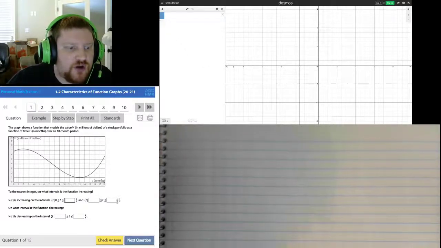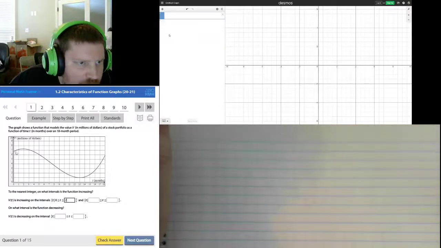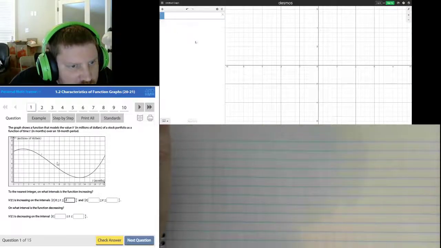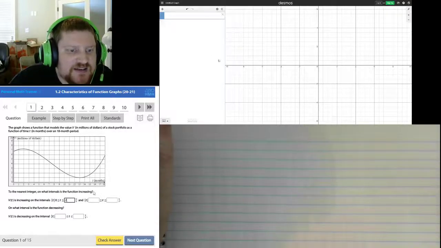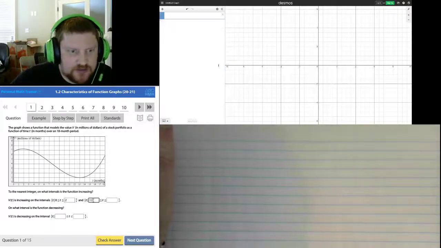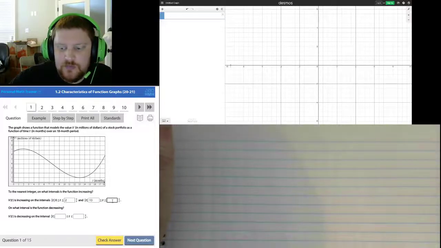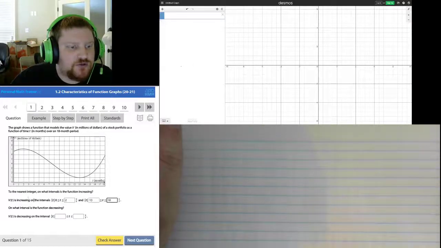So it looks like from 0 to 2, this is going up. You can see how it goes up here, and then it goes down from here all the way to about here, and then from 13 to 18 it turns around and goes up again. So we have increasing from 0 to 2 and from 13 to 18.